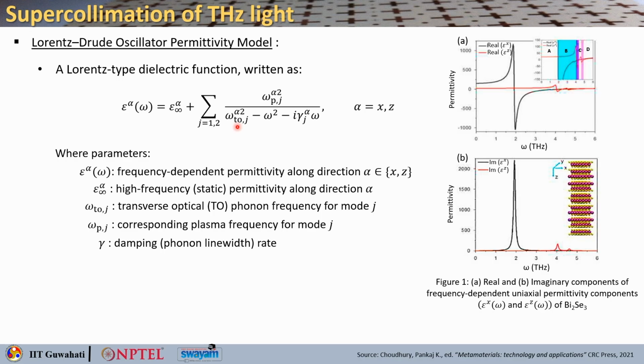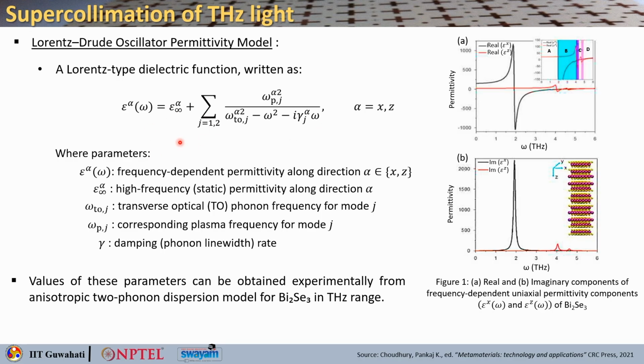Alpha tells you about the direction, and wherever you will see p, that is basically the plasma frequency associated with that mode. So, omega p j alpha square tells you about the plasma frequency, and gamma is basically the damping or the phonon line width, okay. So, that is basically the collision rate, right. So, this is how you actually get the Lorentz-Drude oscillator model for modeling the permittivity of this material.